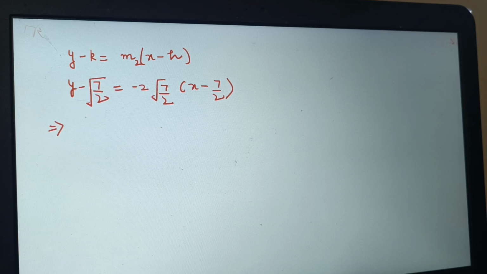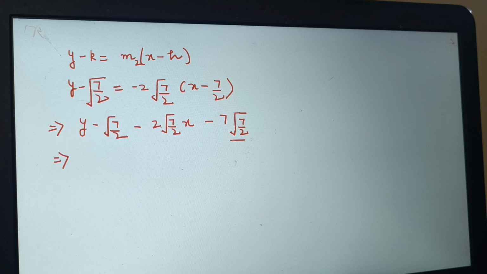So let's see, y minus square root of 7 by 2 equals minus 2 square root of 7 by 2 x minus 7 square root of 7 by 2. Okay, let's solve further.